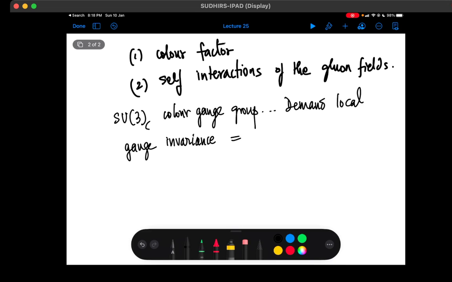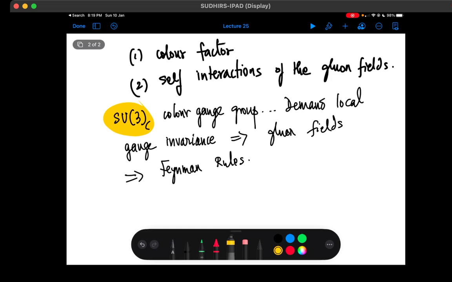Write down the Lagrangian, and this gives you the Feynman rules. The only difference between QED and QCD is that now you have a larger group, SU(3) color, because there are three colors and all three colors have to be conserved, and the colors interact with each other. SU(3) has 8 generators, out of which 2 are diagonal. All these details we have seen already.